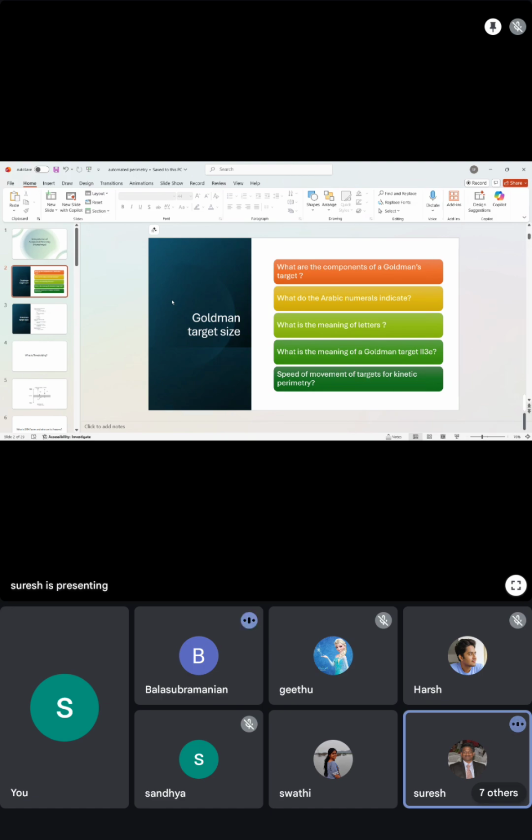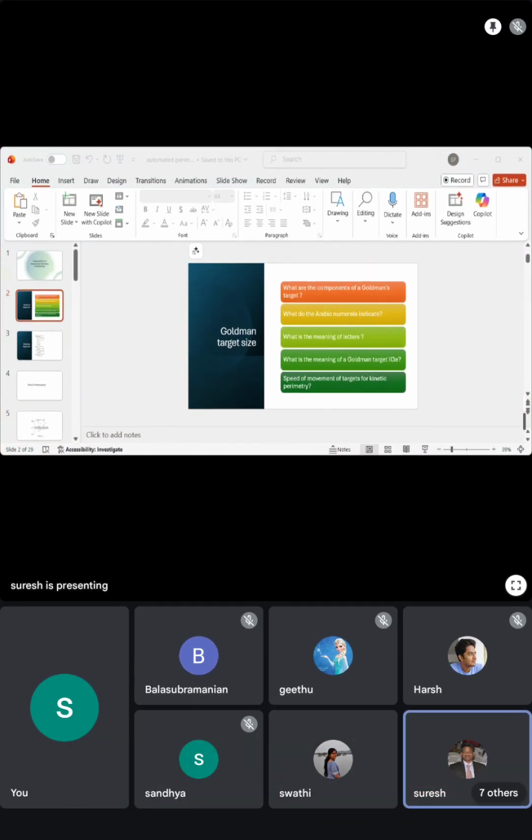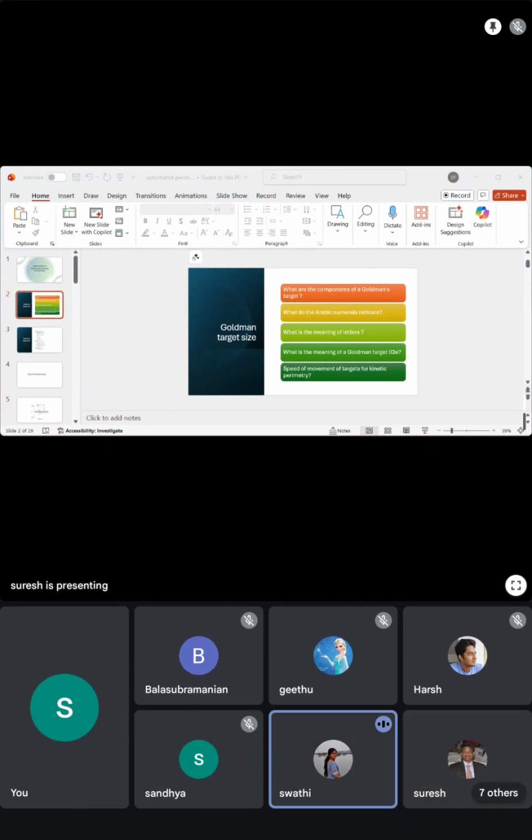Okay, we'll do that. So the questions are like, what are the components of a Goldmann target? We have talked about size 3, size 1, size 2. Can anyone tell me what the components are? Components are size, intensity, and stimulus. Okay, that is the basic thing.